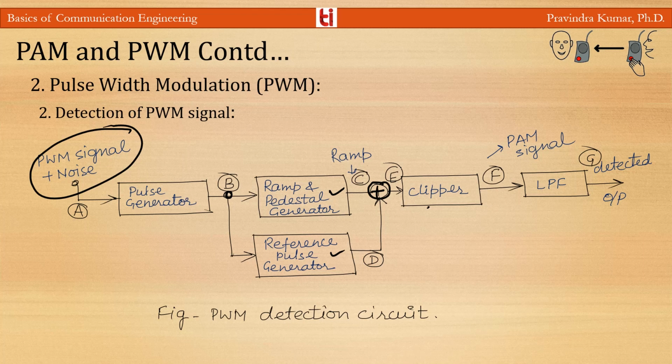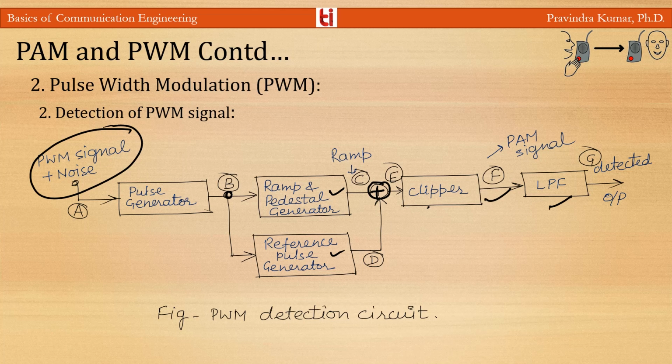The output of the adder is then clipped off at a threshold level to generate a PAM signal at the output of the clipper at point F. A low pass filter is used to recover the original modulating signal back from the PAM signal.